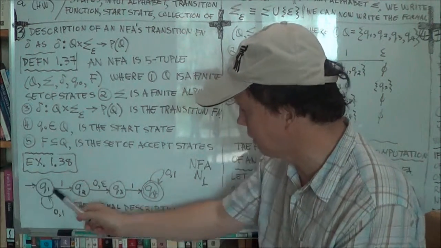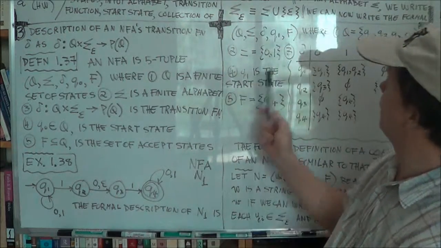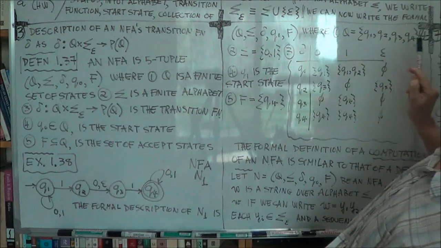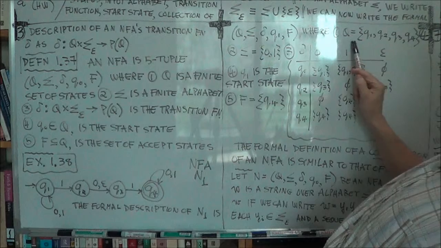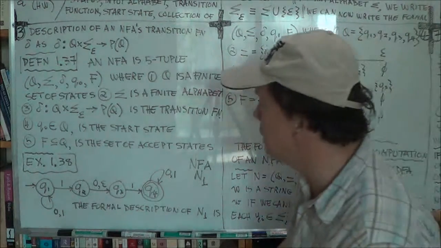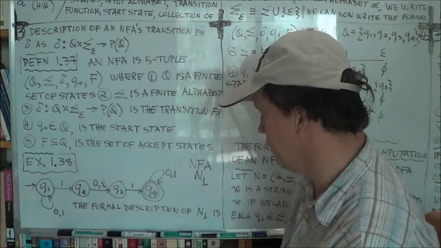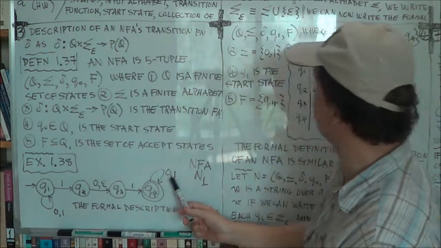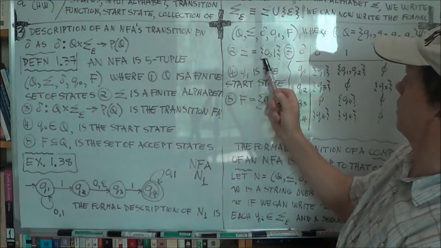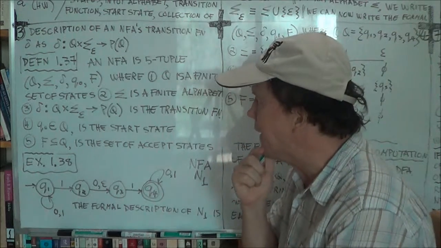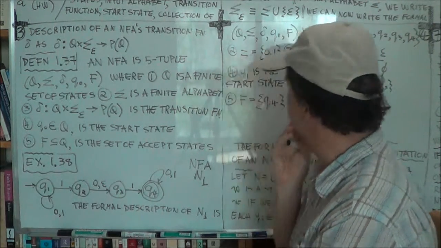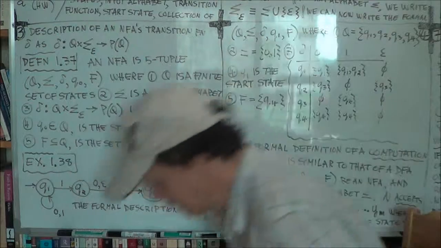Well, I just write Q1, Q2, Q3, Q4, which is here. I don't know if you can see it. Okay. So that's your Q. That's pretty easy. The alphabet. What's the alphabet? Just the binary alphabet, right? So sigma is just 0 and 1. Now 3. Now I'll switch over.